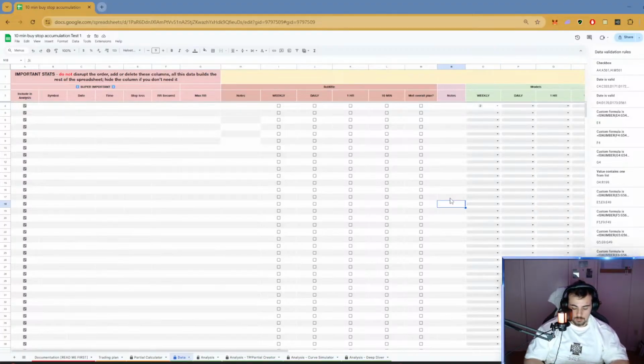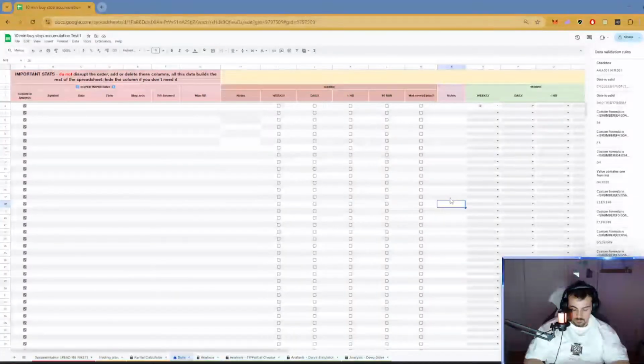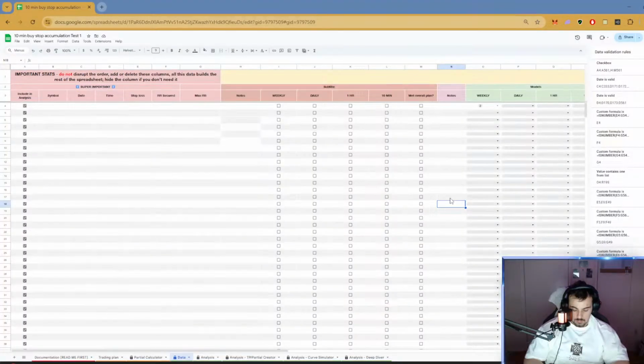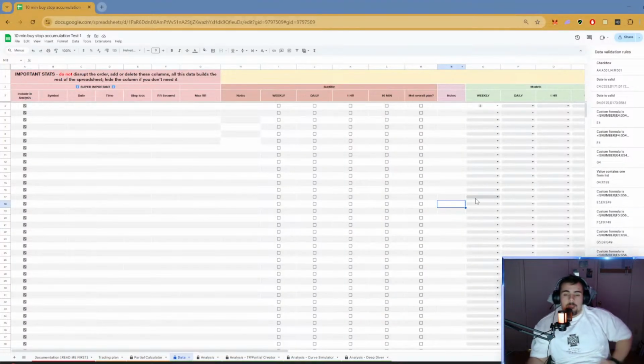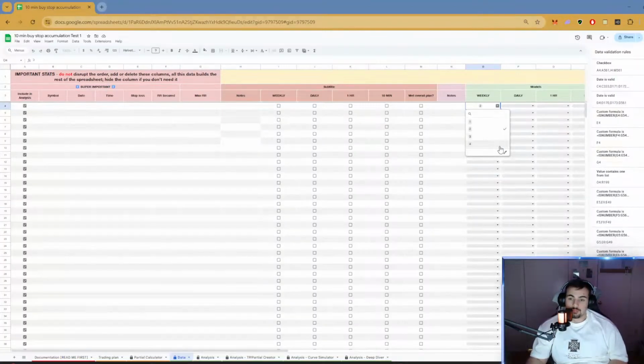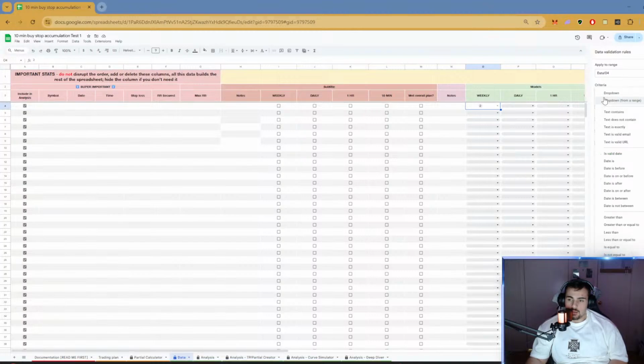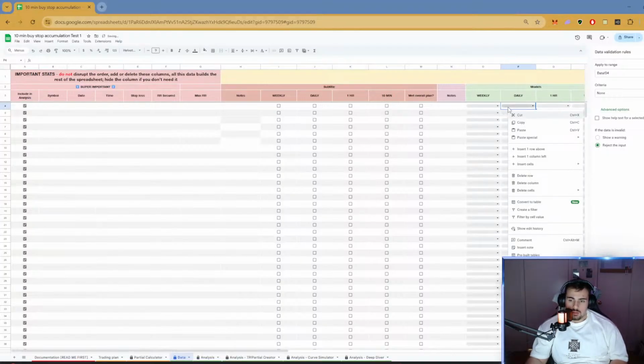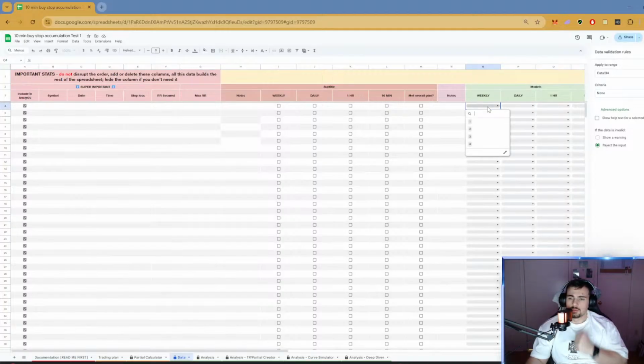This is pissing me off. I'm just trying to get it so I can add screenshots, but I don't know why. Hmm. Super, super weird.